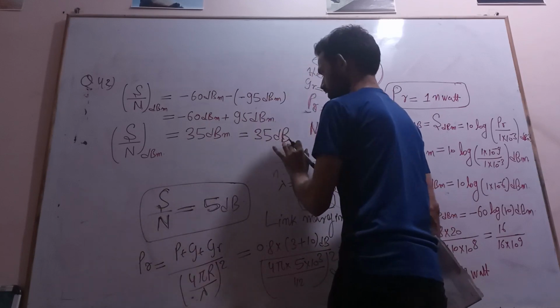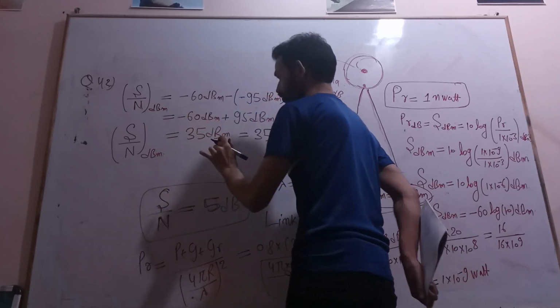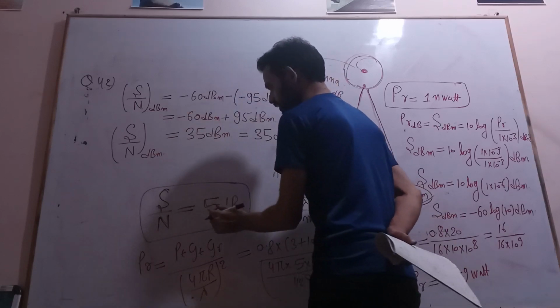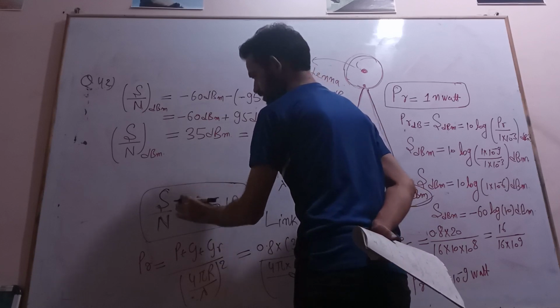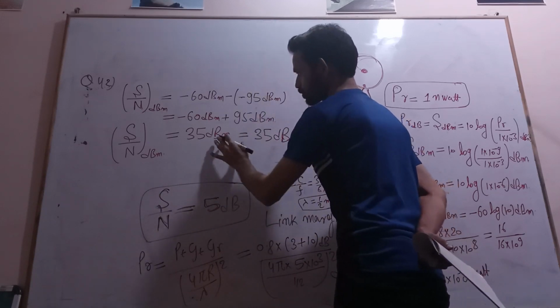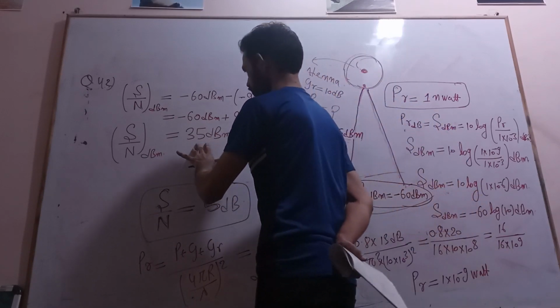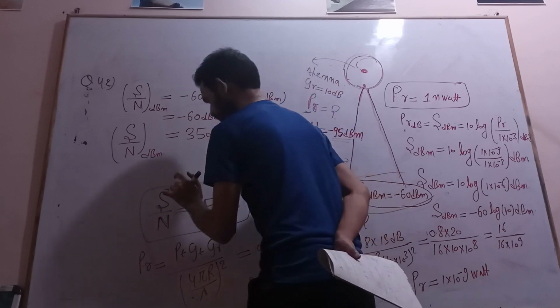So let us take it as 35 dB. If some options are in dBm and some in dB, you should give the answer according to dB only. So this is 35 dB.